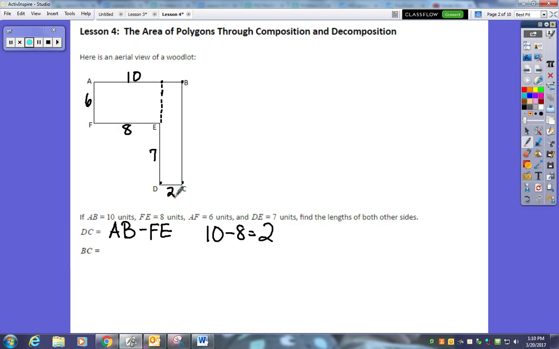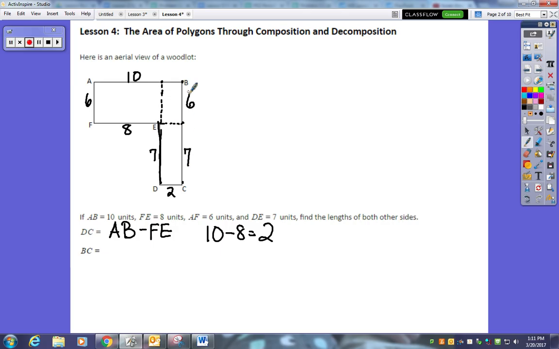Looking at BC, this is a longer side here. And if I think about cutting it this way, I can see this rectangle has the opposite side from this, which means this space here is also 6. And then that also cuts it into this little rectangle, which shows me that ED is 7, so that means from that space down over here is also 7.